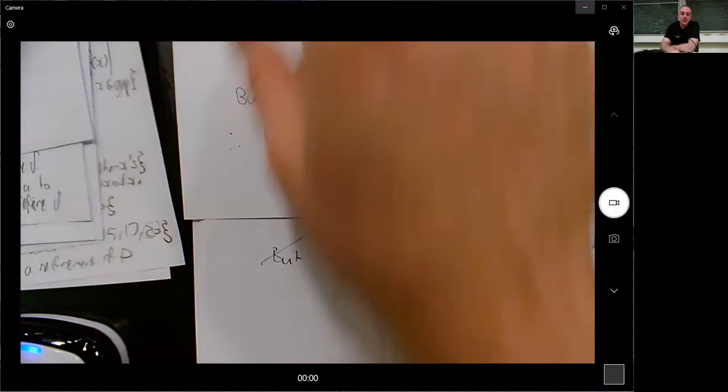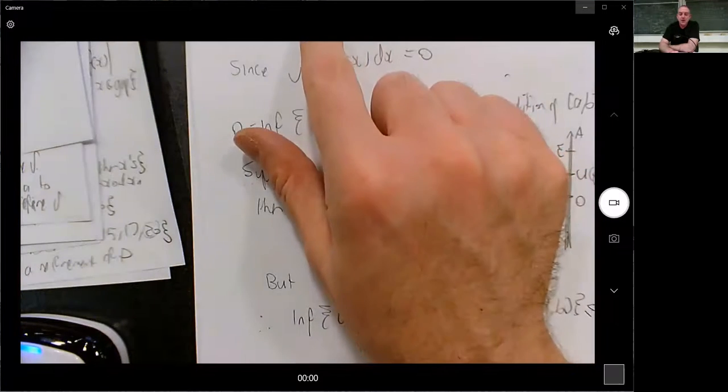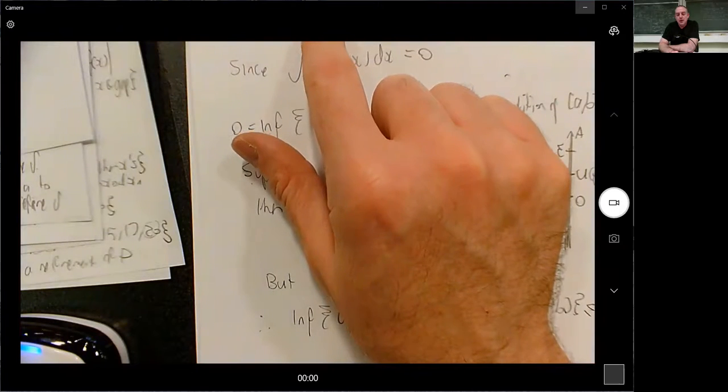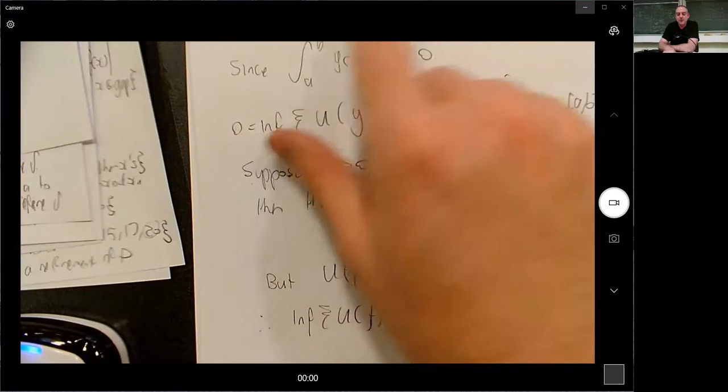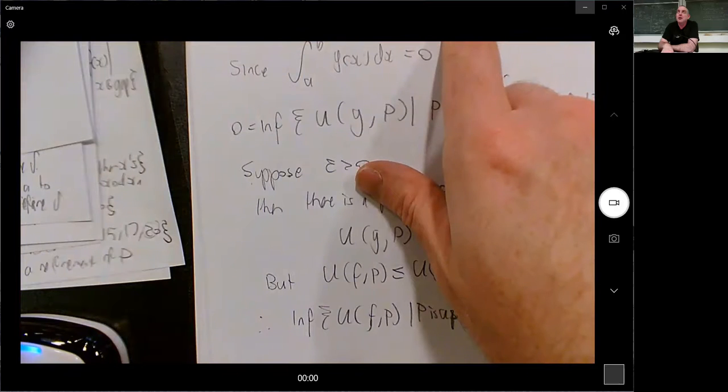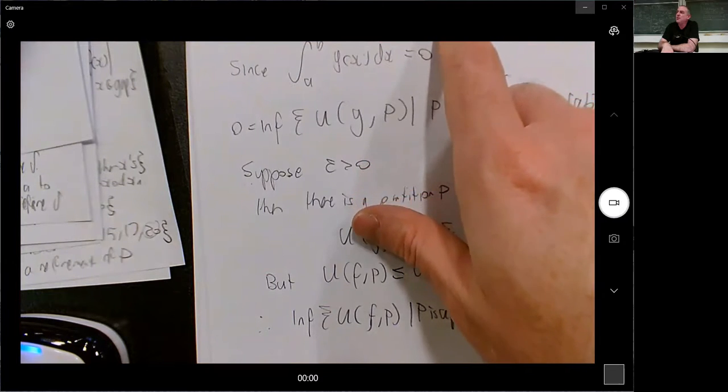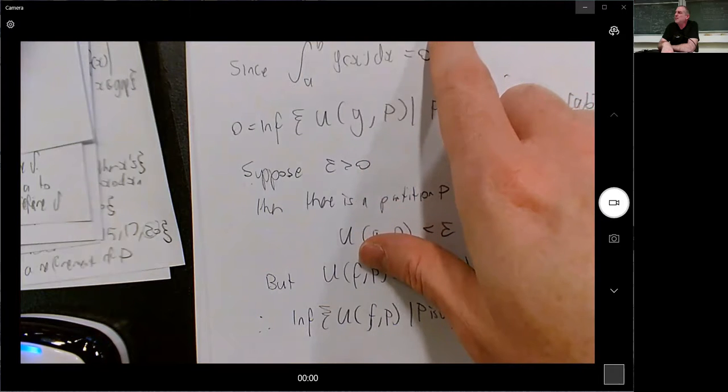So the same argument we did for the upper sums should tell me that if F is less than or equal to G, then the infimum of one should be less than or equal to the infimum of the other by a similar argument, but backwards. So the L of F of P should be less than or equal to L of G of P as well. And in particular, L of 0 of P should be less than or equal to L of F of P. Yes.